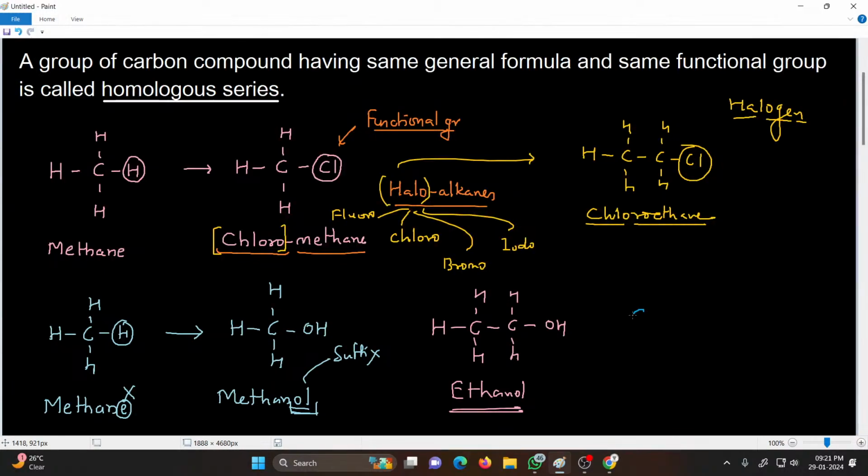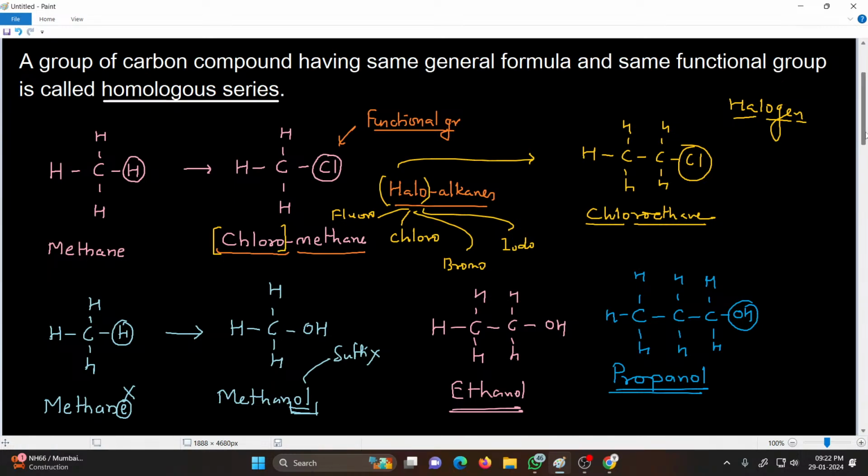Suppose we have two compounds having, let us say, 3 carbon atoms. So the first compound is like this. By looking at the functional group, you know it is alcohol because of this OH radical you see here. Then you will name this compound as propanol.